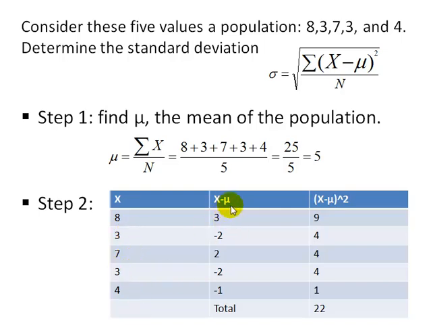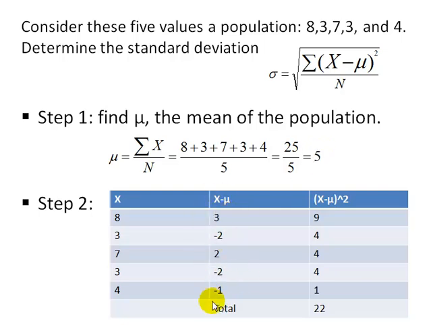So the first x minus mu is 8 minus 5, we get 3. Second x, 3 minus 5, we get negative 2. 7 minus 5, we get 2. 3 minus 5, we get negative 2. 4 minus 5, we get negative 1.